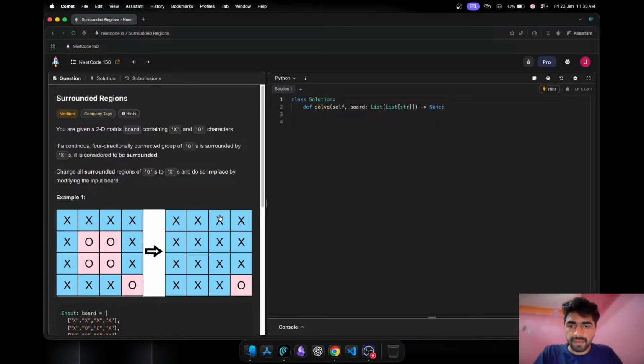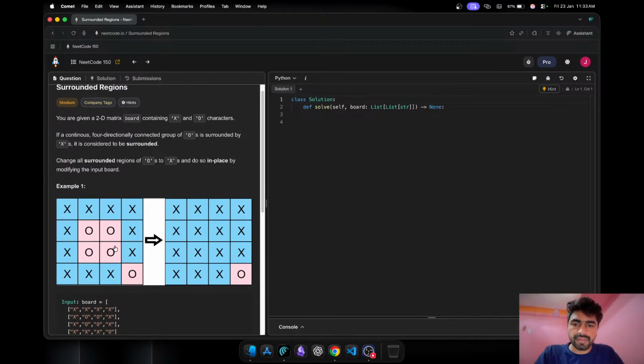I will keep track of the visited nodes, and whenever I find a zero in the grid, I will convert it and its neighbors to X, and I need to keep in mind that if that O is on the borderline, I don't have to touch it.